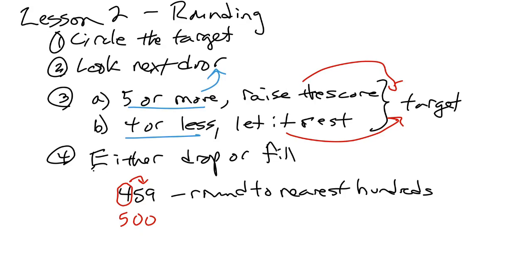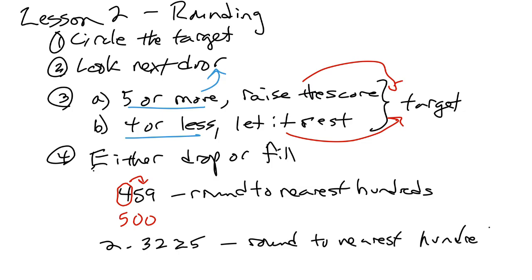Let's say I have 2.3225, and we're going to round to nearest hundredth. Okay, the TH at the end of the word tells us we are after the decimal point.